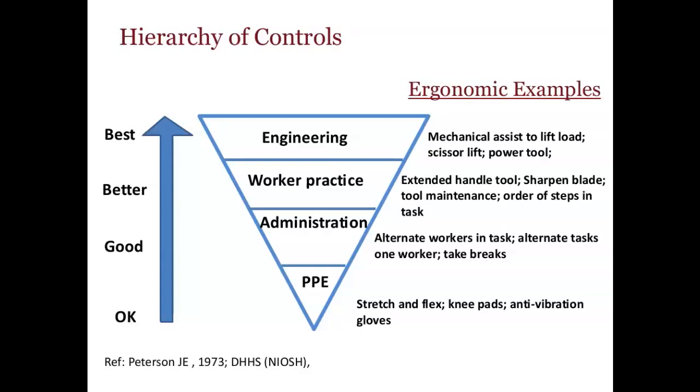Those are engineering controls. A work practice is an activity that a worker must use in order to reduce their own risk. Here, using an extended handle tool or sharpening a blade so that they don't have to exert as much force to use the knife would be considered work practice.